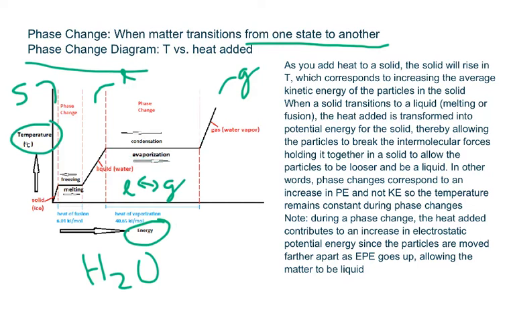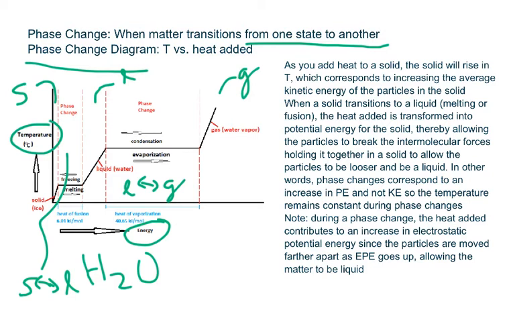Or maybe if you're trying to cool it down, the gas might be turning into a liquid. Now over here, there's another equilibrium that occurs between the solid and the liquid as it is melting or freezing, depending on the situation.